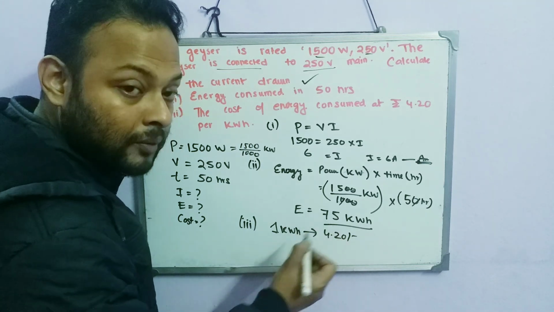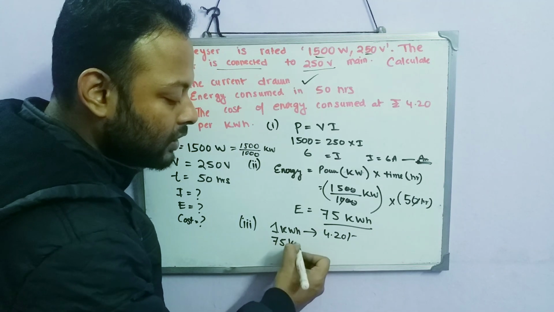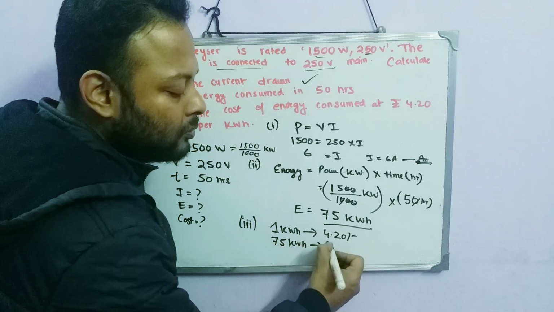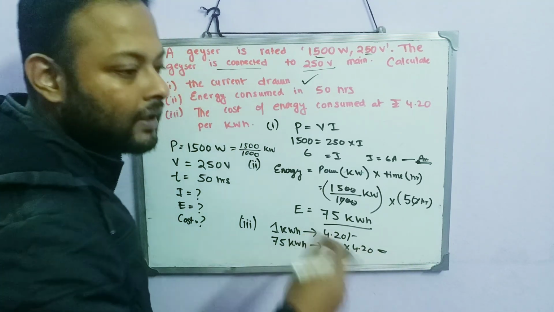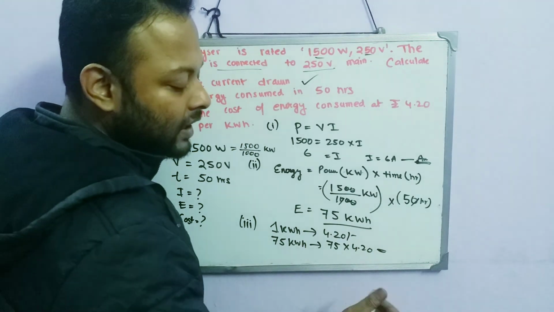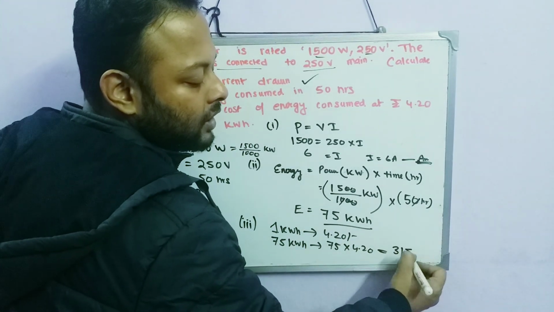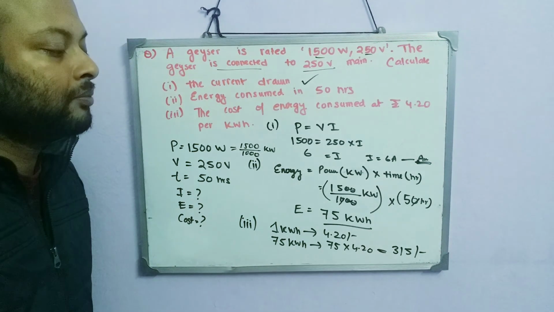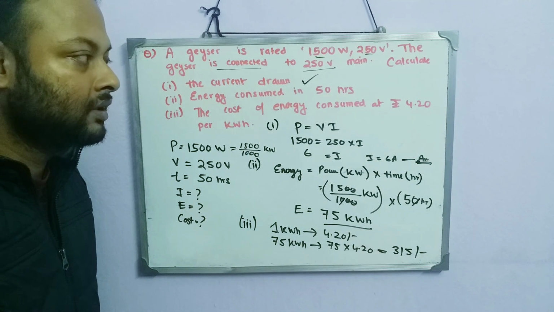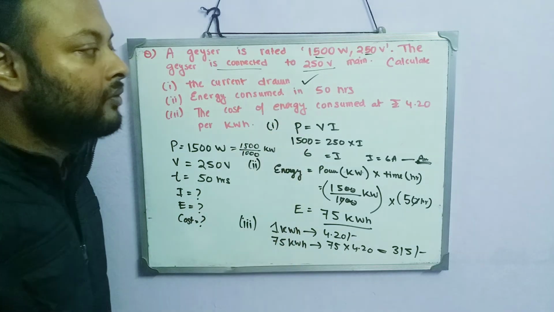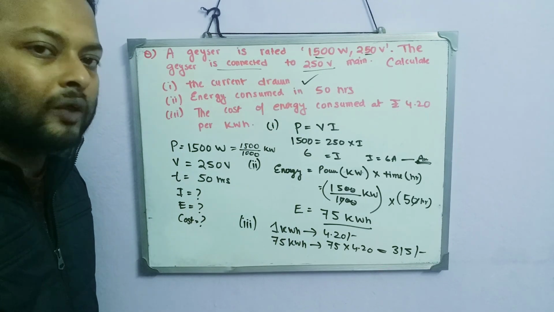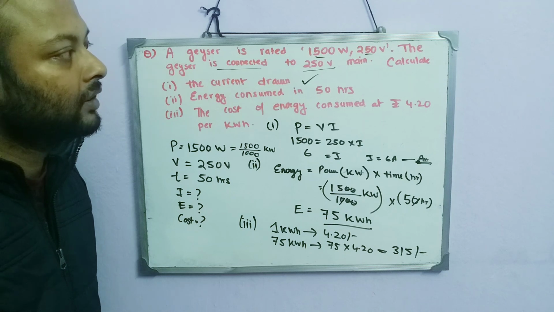Now the person is consuming how much? 75 kilowatt hour. So he will pay how much? 75 into 4.20. And if you multiply these two, the value comes to about 315 rupees. So the person has to pay 315 rupees for this geyser which is working 50 hours. I think it is calculated for the entire month, something like that.